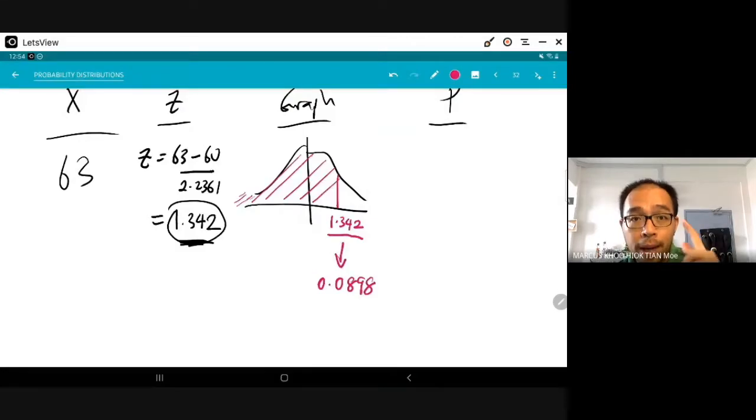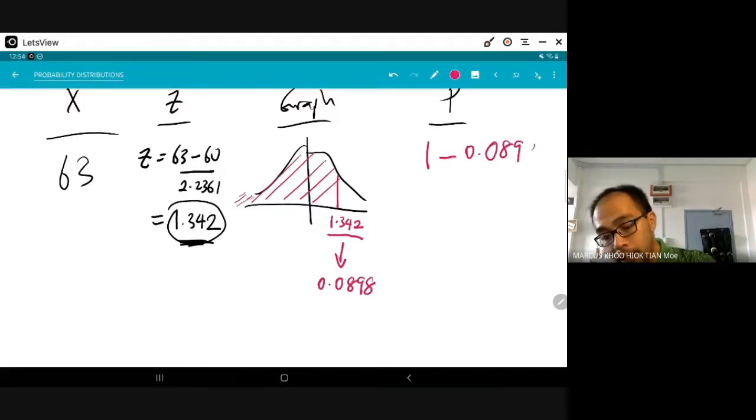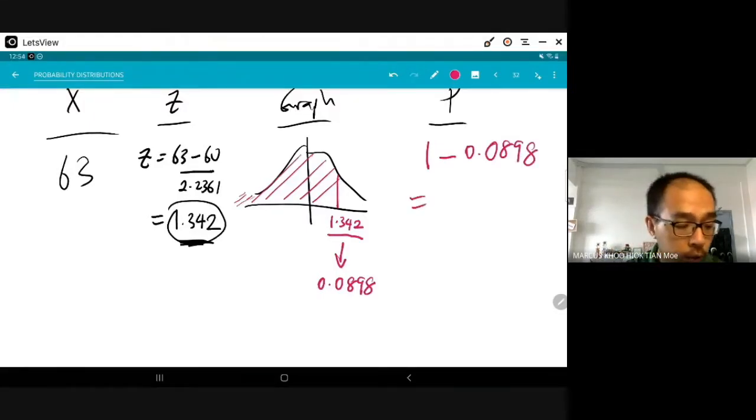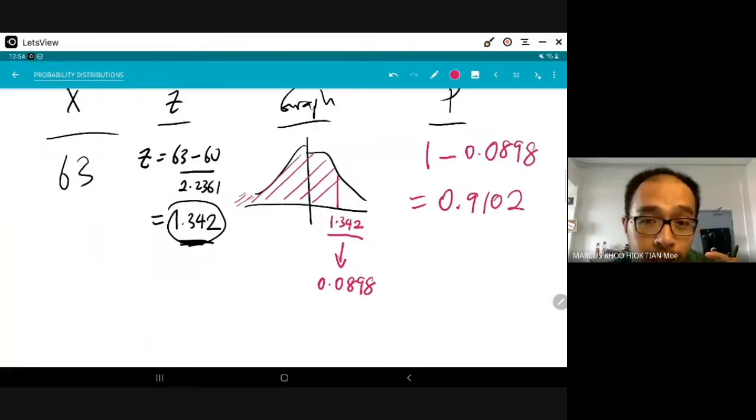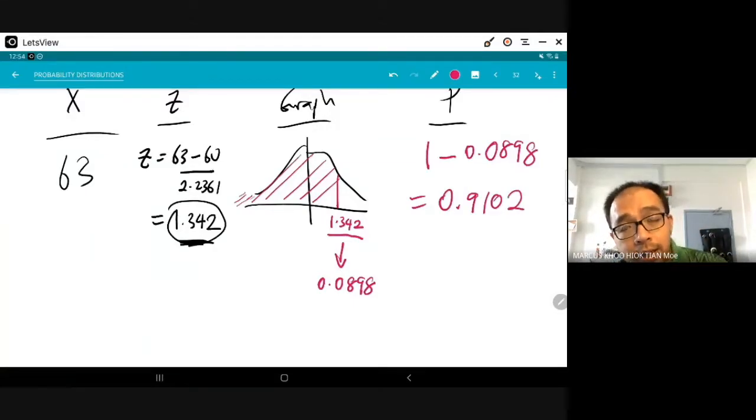Okay. But because our graph is shaded this way, we have to do an extra step. The probability is 1 minus 0.00898, which will give you 0.99102, which is a slightly different answer than the one given in your workbook.